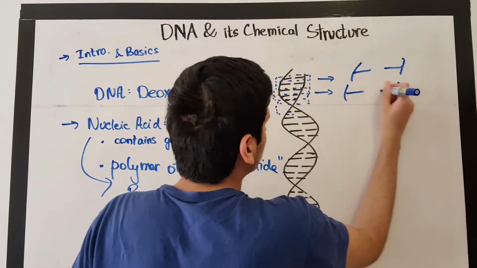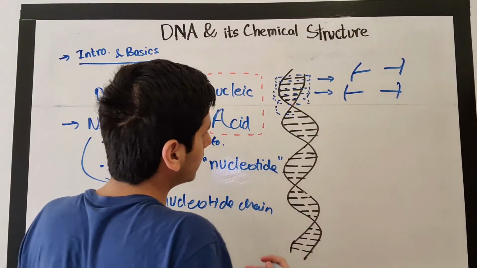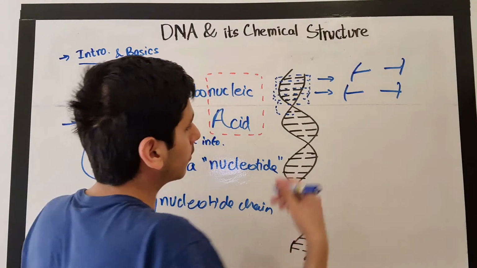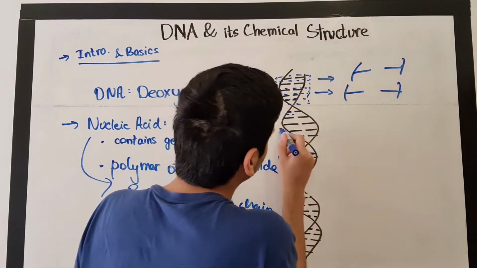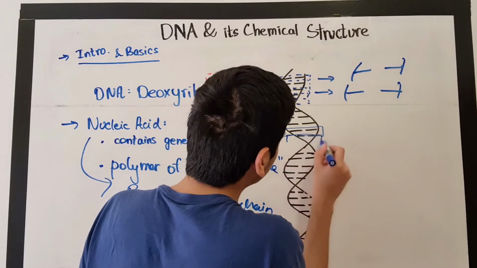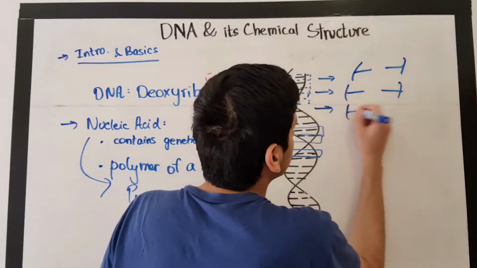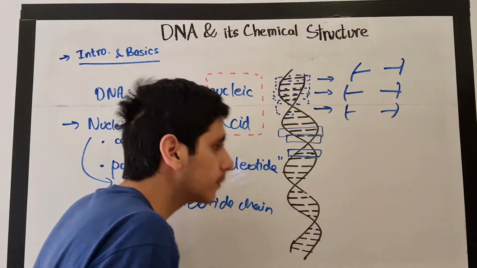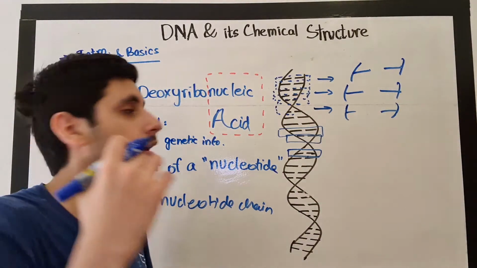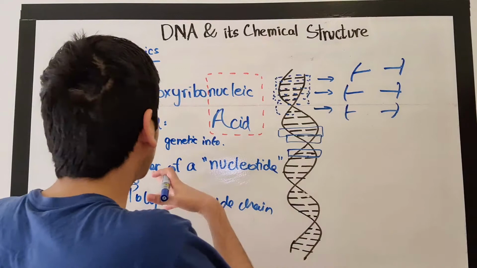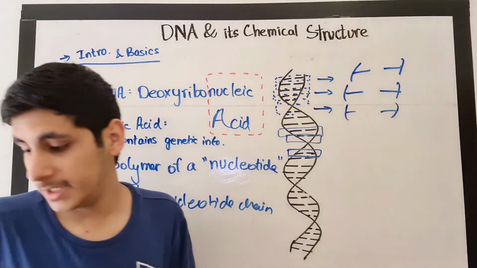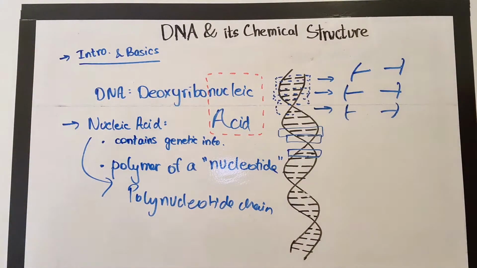This is one nucleotide, because you can see in a DNA model or a picture of DNA that there's always one unit that's getting repeated, and that repeating unit is a nucleotide. So it's the basic building block of a nucleic acid and of DNA, because DNA is a nucleic acid.